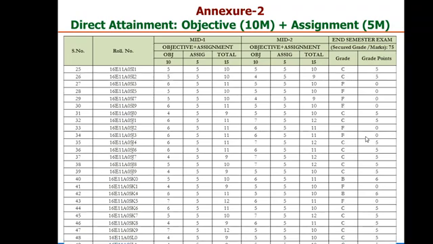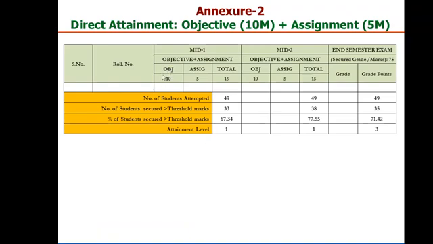Now you can see the computation of direct attainment in objective plus assignment and end exam. Here you can see the total number of students appeared for this exam in mid 1 is 49, and those who secured greater than our 60 percentage threshold are 33 students. So 33 by 49, we will get 67.34. As per the previous target levels, see here 67 we are showing as 1.